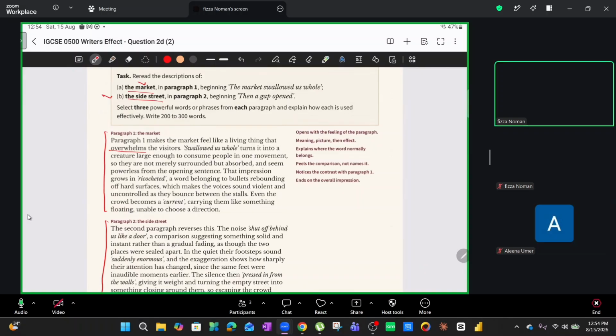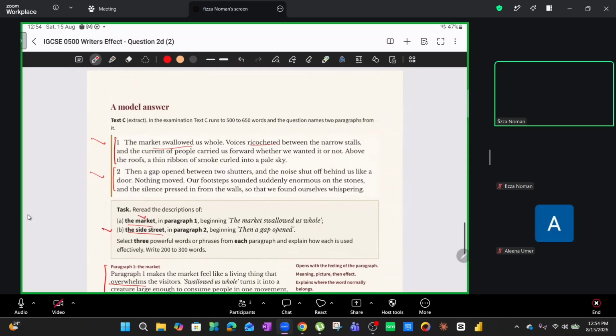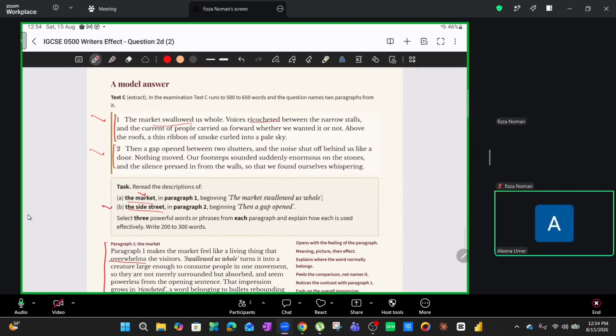It creates an image of bullets rebounding off hard surfaces, which makes the voices sound violent and uncontrolled as they bounce between the stalls. You see this? Voices ricocheted between the narrow stalls. It is as if they bounce back into other people's ears. There is so much noise. They are not absorbed into that stall, into that shop. Make sense, beta? Yes.